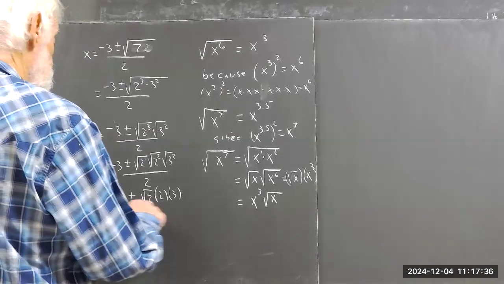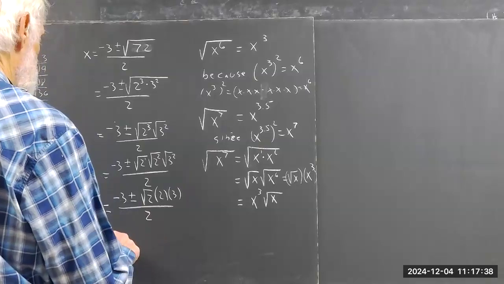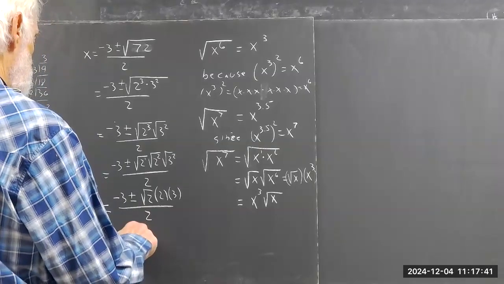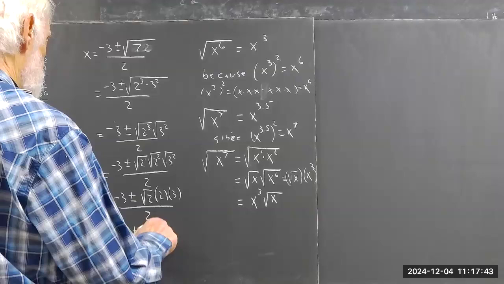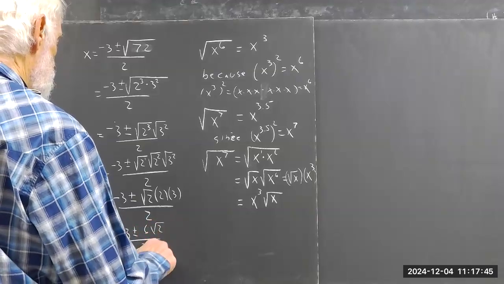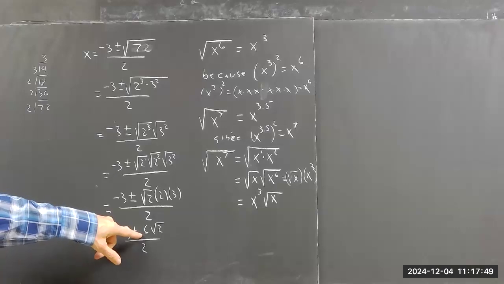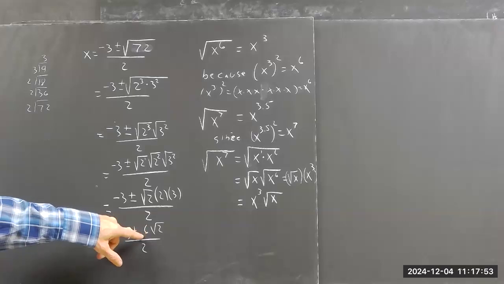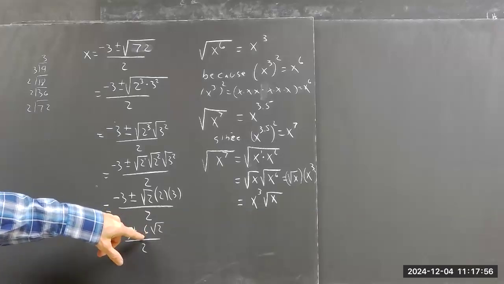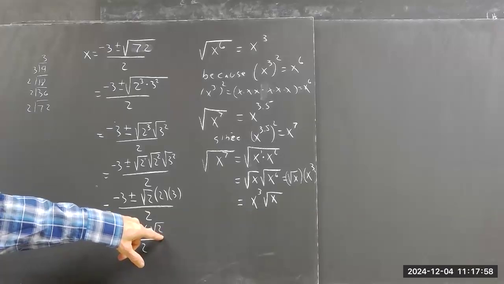Okay. And of course 2 times 3 is 6, and we'll usually write the whole number, or the integer, out in front and then the square root next.